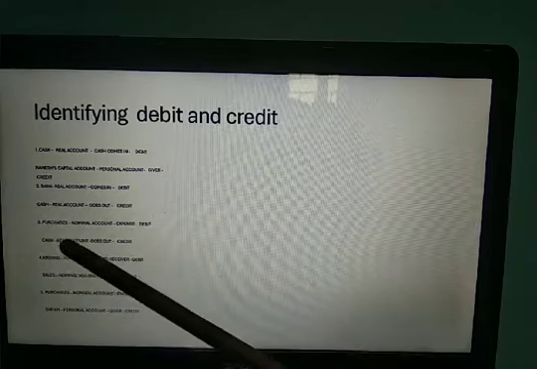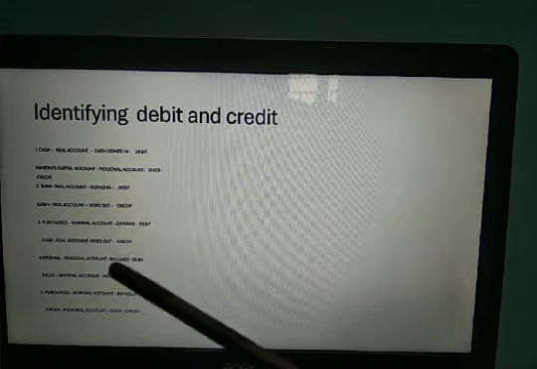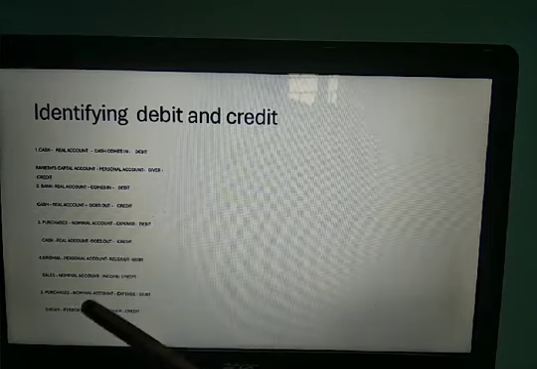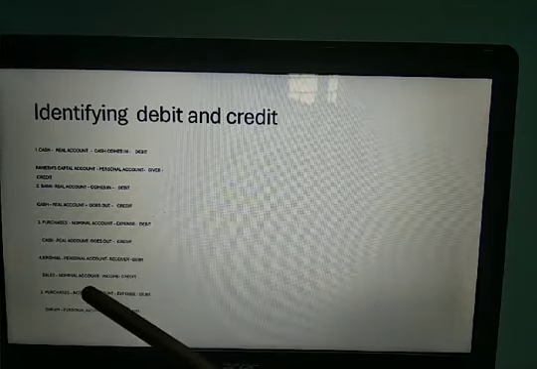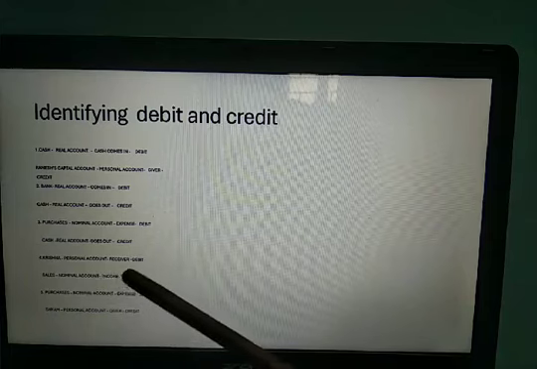Now you are selling some goods to Krishna. There will be two sides, one is Krishna, one is sales. Krishna, an individual, is a personal account. He is the receiver of benefits when goods are sold, so receiver is debit. And sales is a nominal account, income, so it is credit.